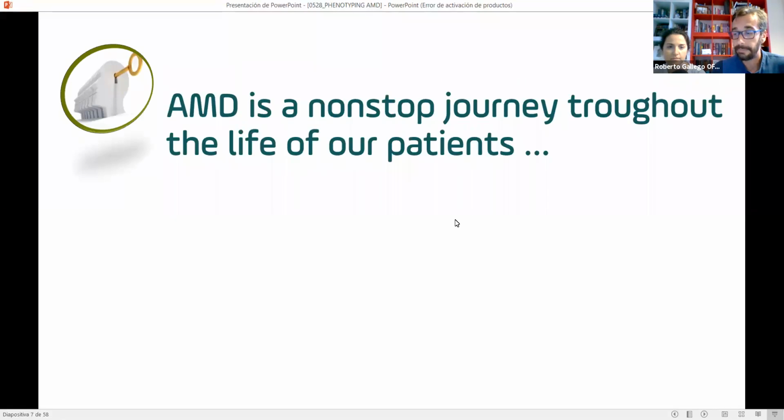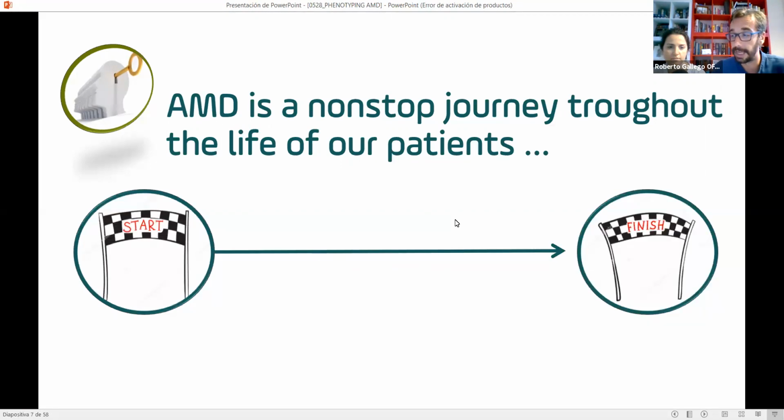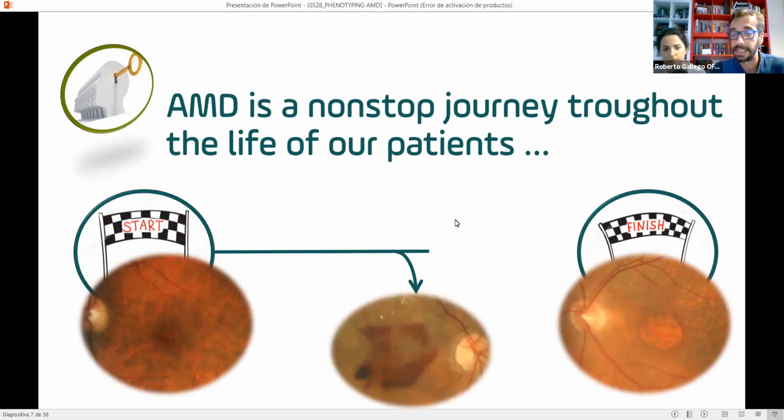Because AMD actually is a non-stop journey throughout the entire life of our patients. That's a beginning and an end, start and finish. We start with pigmentary changes in Drusen, as you all know, and the end of the story is atrophy. In the middle of that journey, eventually, CMB, is CMB right? No, sorry.